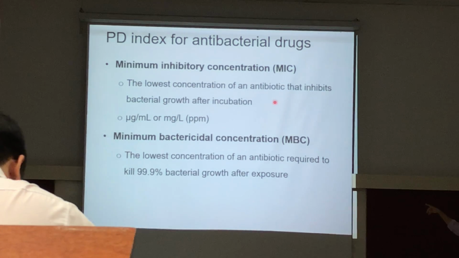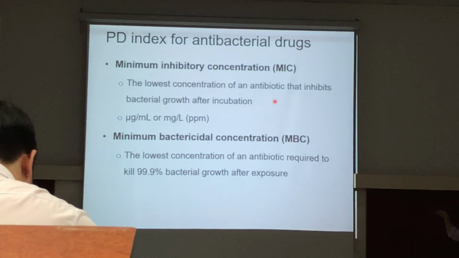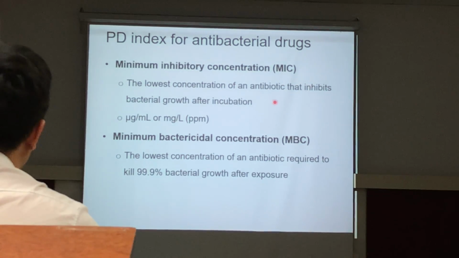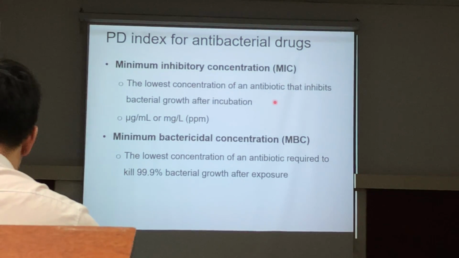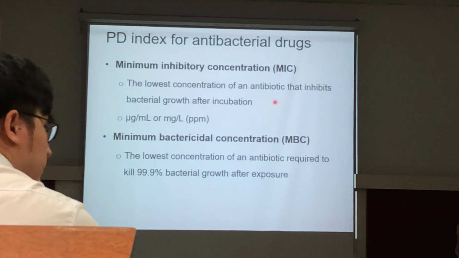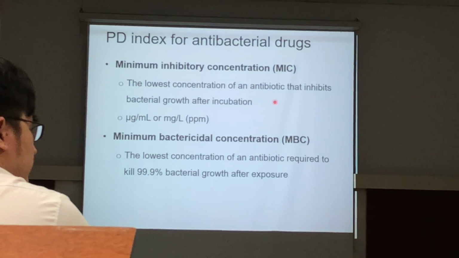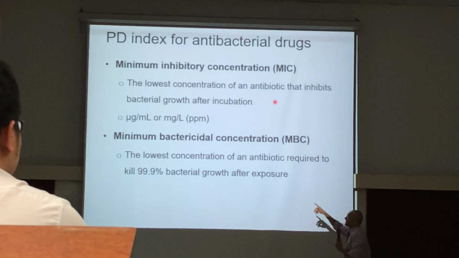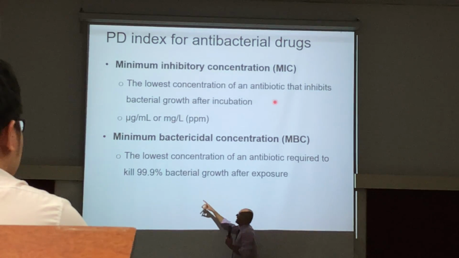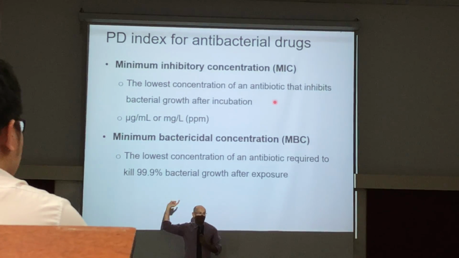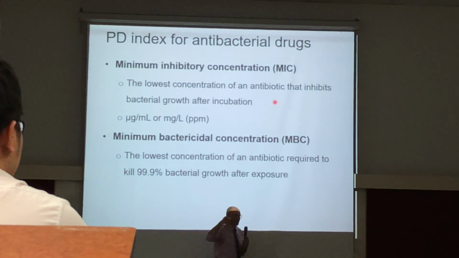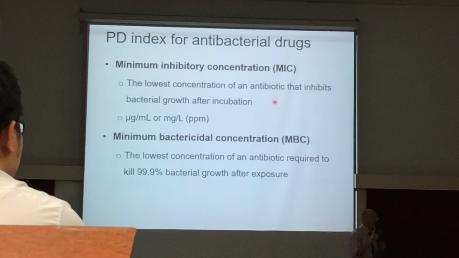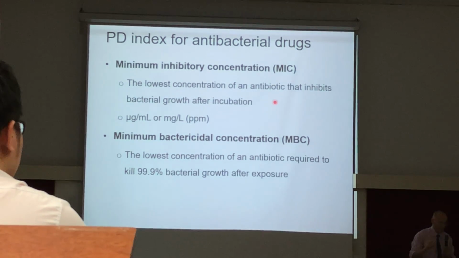But the minimal bactericidal concentration means that you are going to kill them. How many of them? Someone could say, everyone. No, that is eradication. Minimal bactericidal concentration means that you're going to kill 99.9% of them. So still 0.1% is in your sample, right?